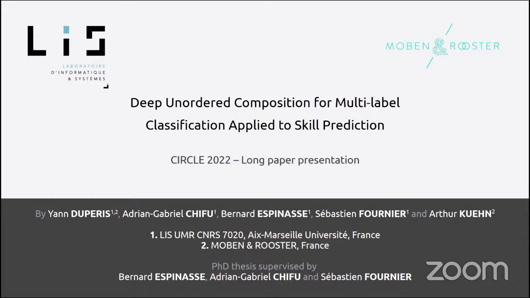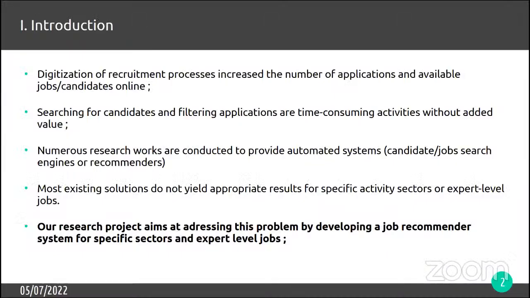Okay, so first of all, as you can notice in the title, this article is about skill prediction. So I will start by presenting the problem. What is skill prediction and why do we need it? Let's start with a simple observation.